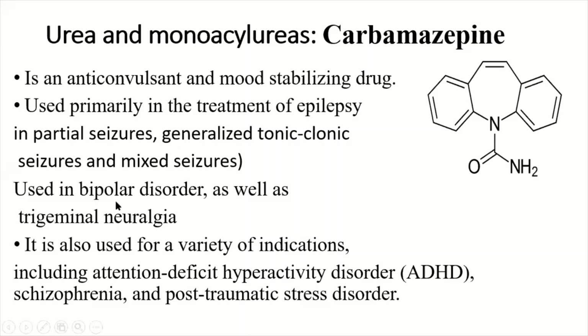Apart from this, it is also used in bipolar disorder as well as trigeminal neuralgia. Then it is also used in various other conditions like attention deficit hyperactivity disorder. In some kids you can see they are very hyperactive, which is also related to brain development.